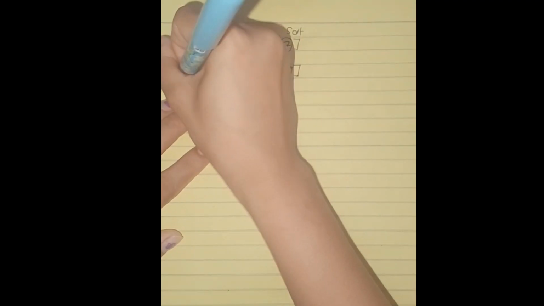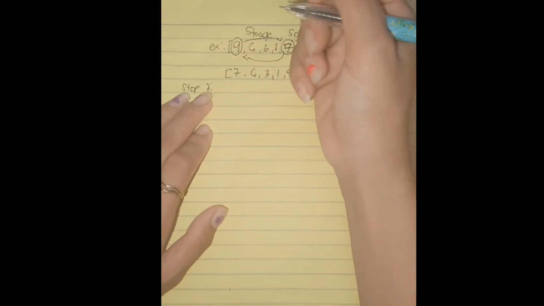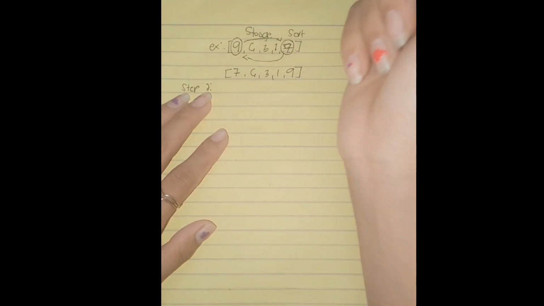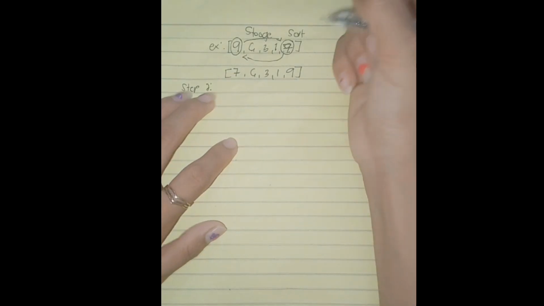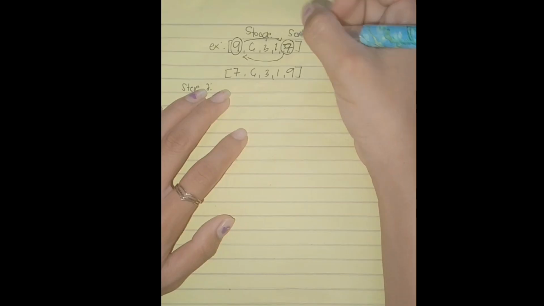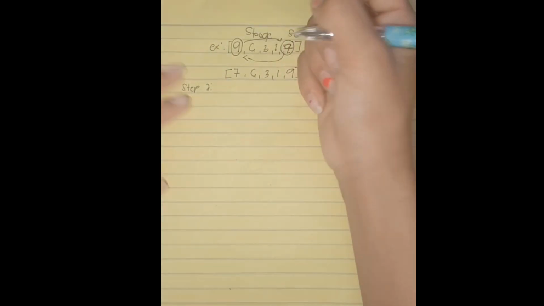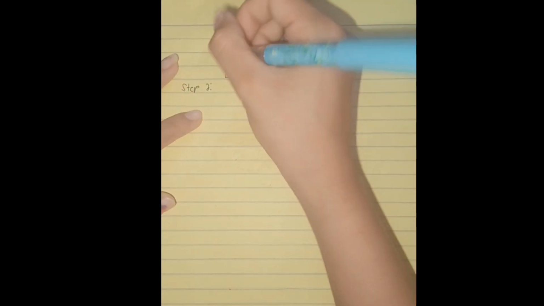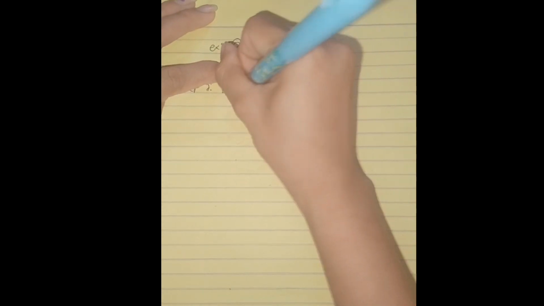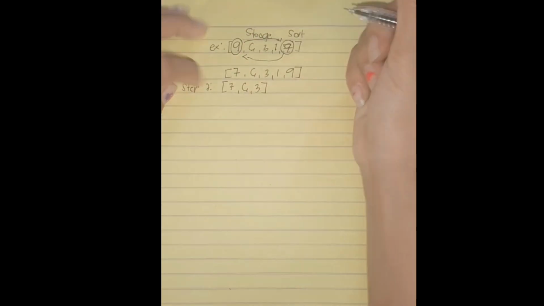In step 2, we sort the first 2/3 of the list. The first 3 elements are our sublist. We have the first 3 elements: a 7, a 6, and a 3.